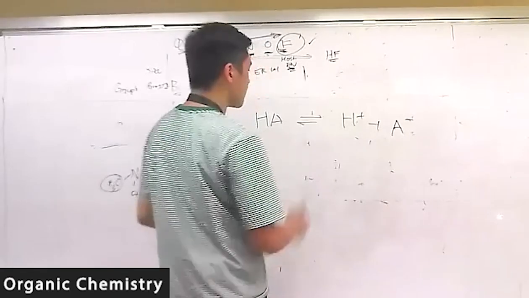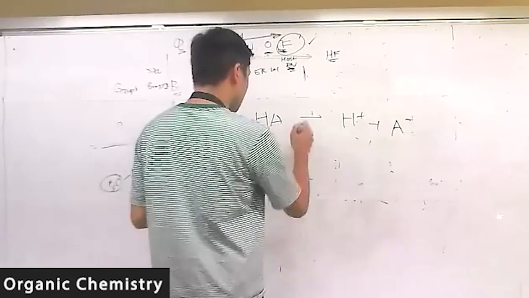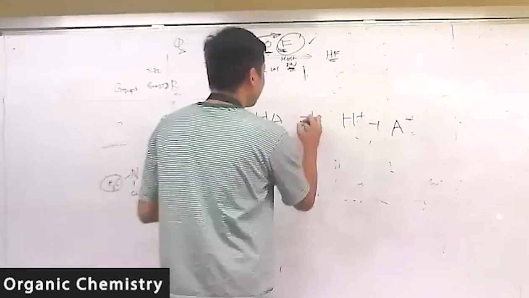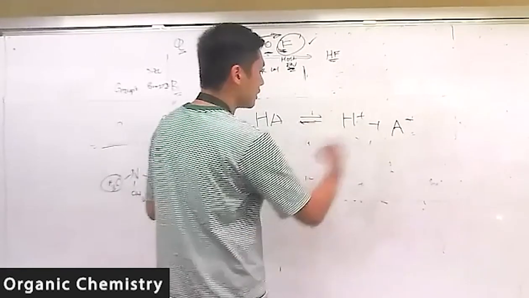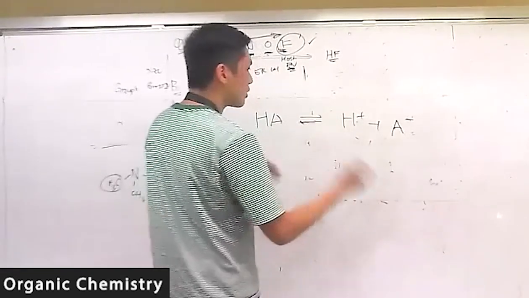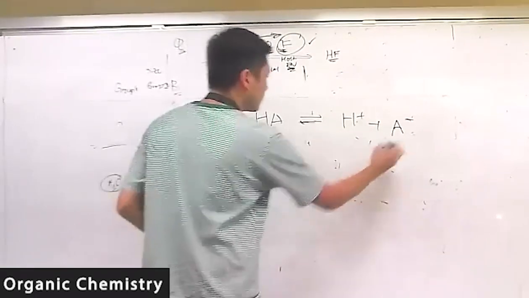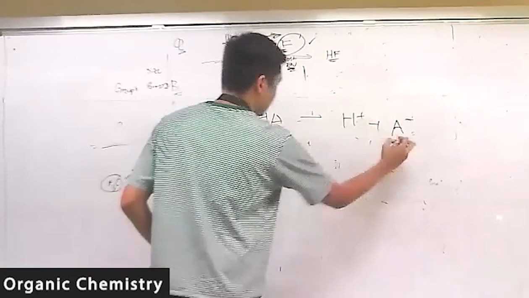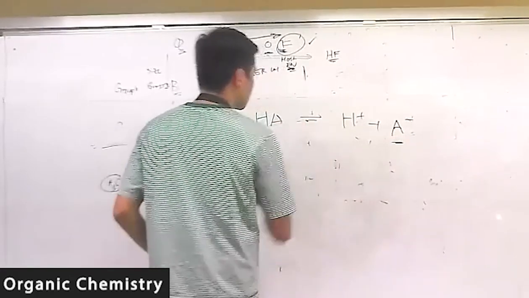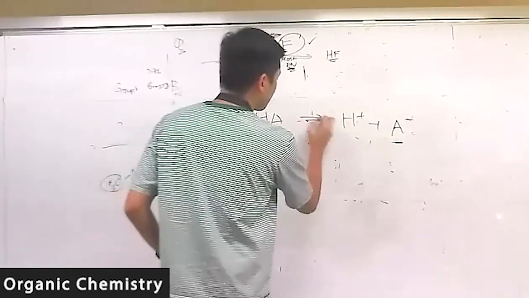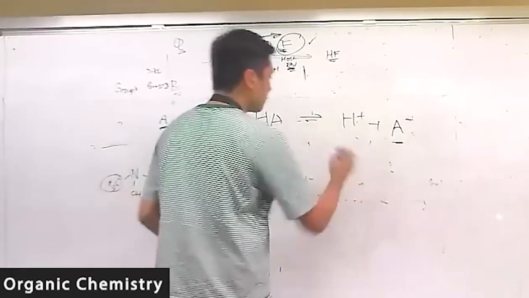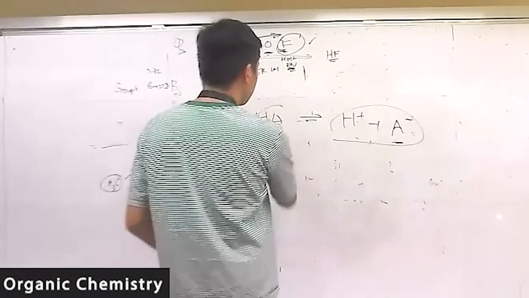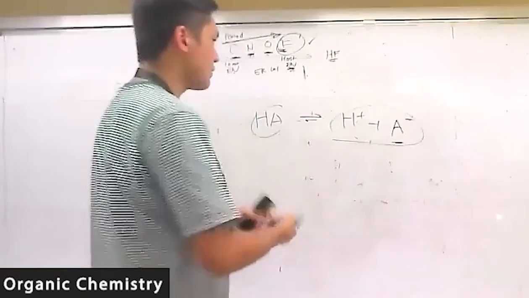In equilibrium, the side which has the more stable compounds is more favored. For example, let's say that A minus is a lot more stable than HA. Then that side would be more favored, and we would expect it to be a lot more dominant in our mixture than the other side. And the opposite is also true.